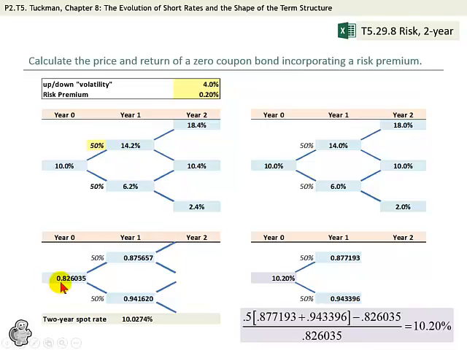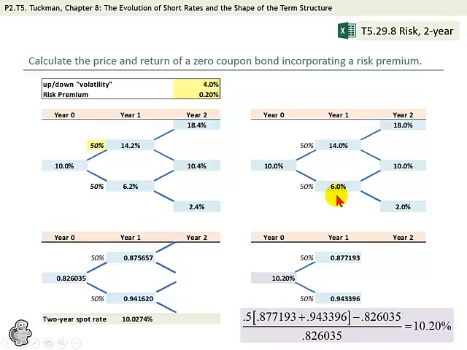So you will pay this 826,035, so that's your investment, and with the expectation that in year one, its expected price is going to be the average of these two values here. See how that's 0.5 times these two values, which in fact are using the 14 and the 6%.